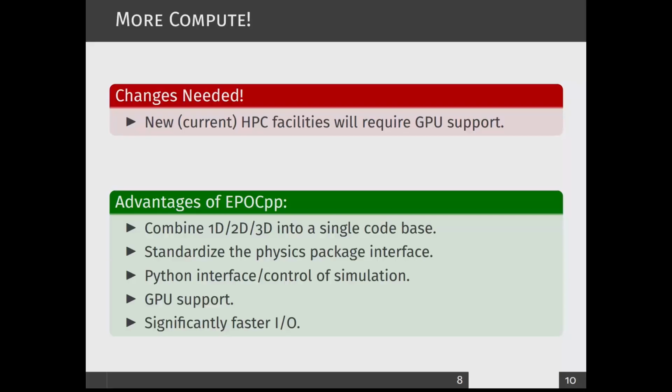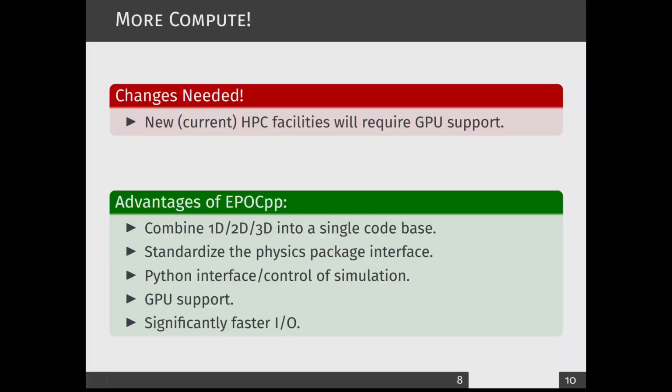We've, at the moment, got a standardized interface to physics packages. I can explain what I mean by the counter example of what's currently in EPOCH. If you've ever tried to add a new physics package to EPOCH, be it Bremsstrahlung or collisional ionization or some quirky QED model, you're on your own.